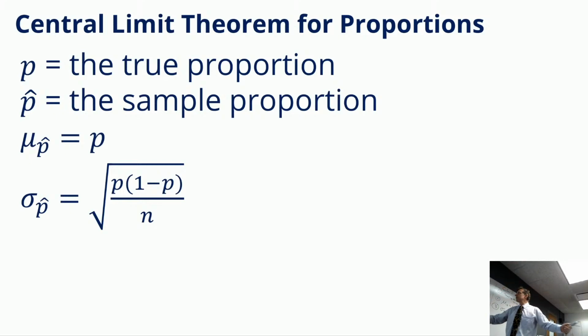The larger your sample, the closer you are likely to be to the actual truth. And so that's why when you average together a bunch of sample proportions, you tend to be close to the actual proportion. And then the other thing is this weird standard deviation. This comes from the standard deviation for the binomial distribution, which we never went over, but doesn't matter, it's here. So that's the standard deviation that we're going to deal with.